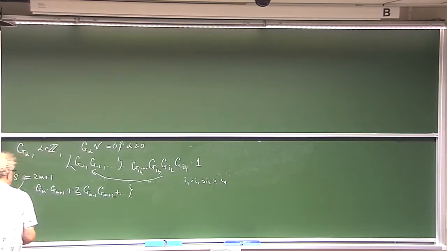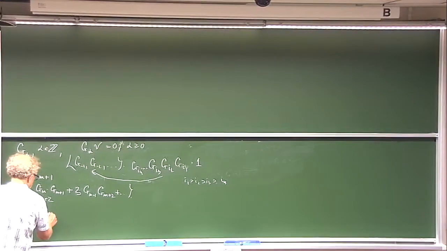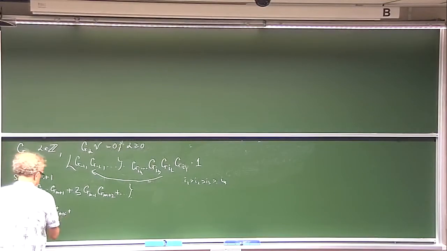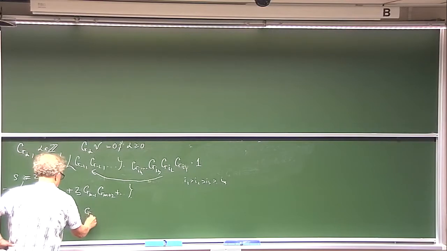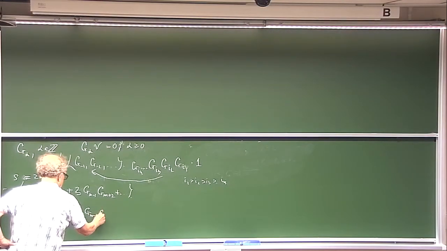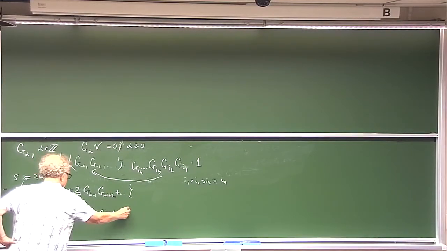And if s is equal to 2m plus 2, then the relation looks like this. We have G_m times G_(m+2) plus, and because of this, we have minus 2 here. The next term is G_(m-1) G_(m+3), then we have 4 here, plus so on.